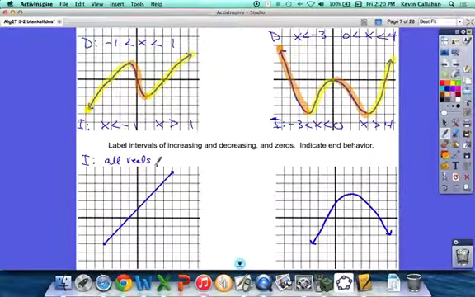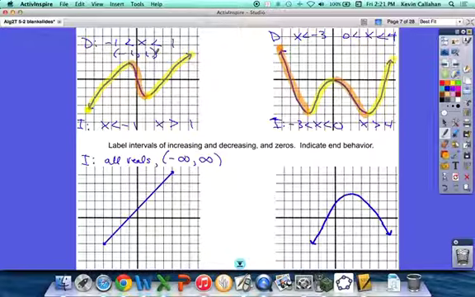Or another way that we write that, and this is kind of a little more pre-calculus-y, is you would say it's increasing from -infinity on the left to +infinity on the right. So all this from the extreme left to the extreme right, that's another way of saying all real numbers. And you could use that same kind of notation up here, right? I could call that interval right there -1 to 1. Using interval notation, you could do that.